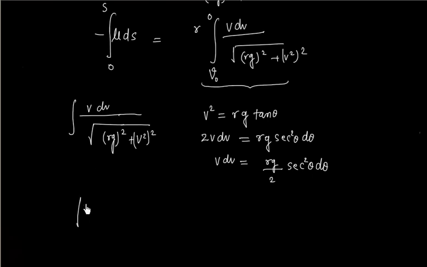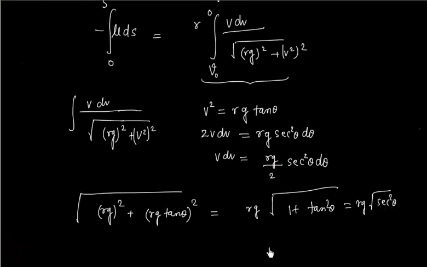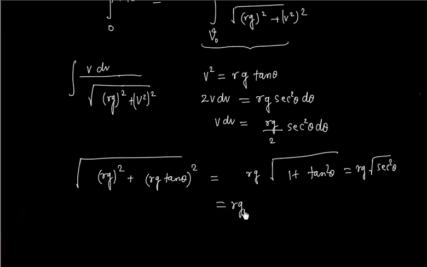Now the denominator: v square is rg tan theta. If I take rg outside, we will have 1 plus tan square theta. So this is sec square theta. So this is simply rg sec theta.